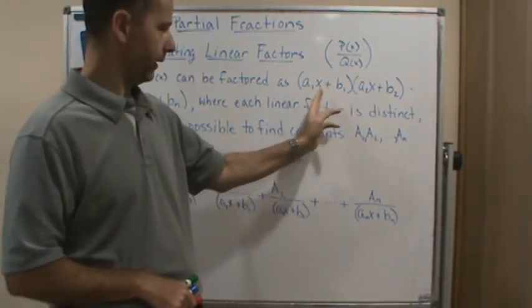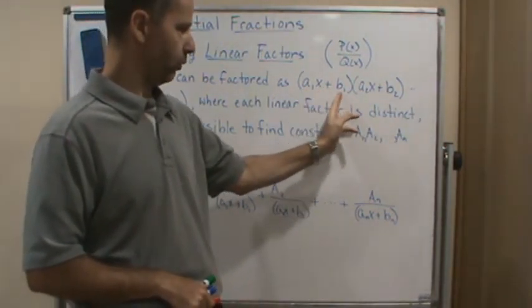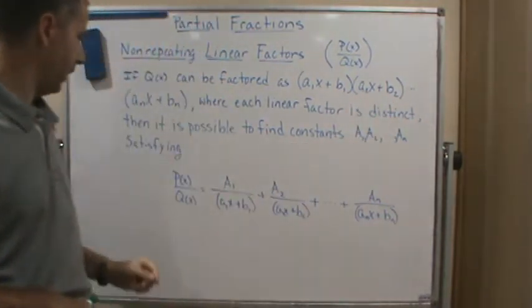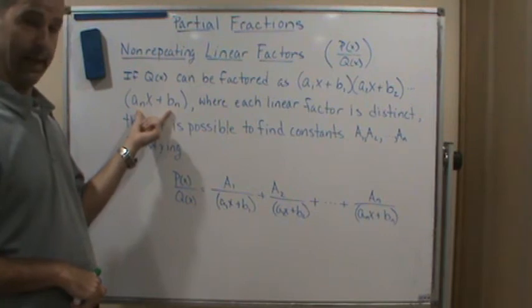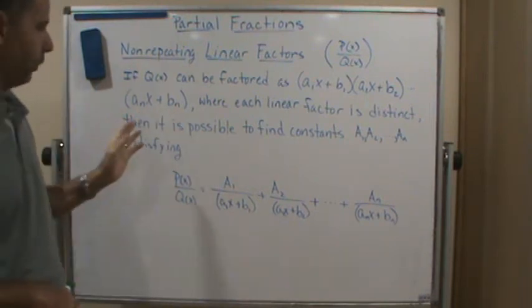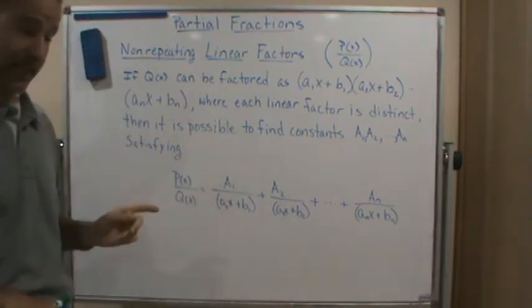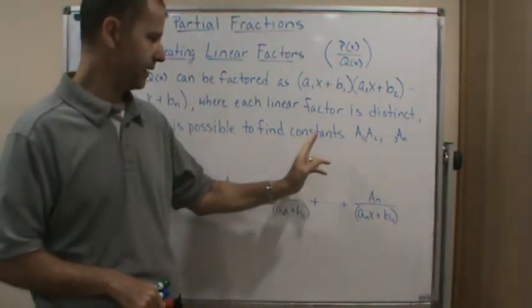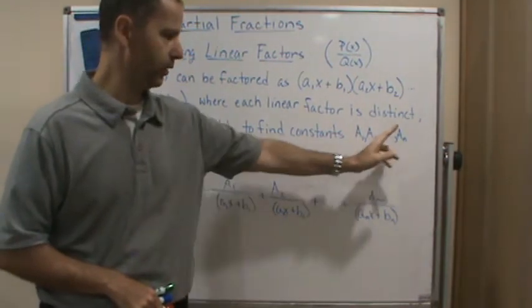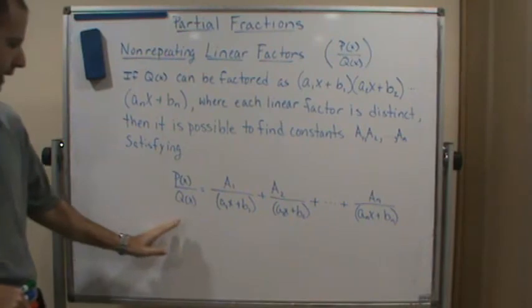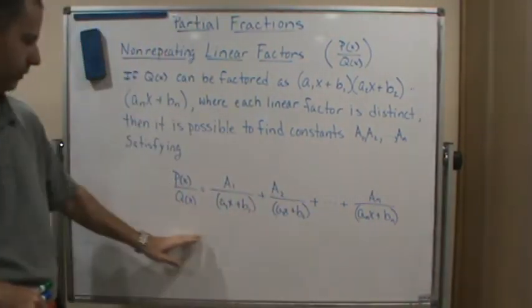linear factors, a1x plus b1 times a2x plus b2, and all the way to anx plus bn, where each linear factor is distinct, then it is possible to find constants capital A1 through capital A sub n satisfying this equation.